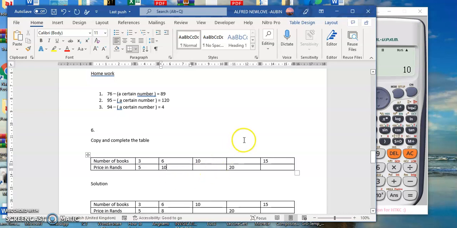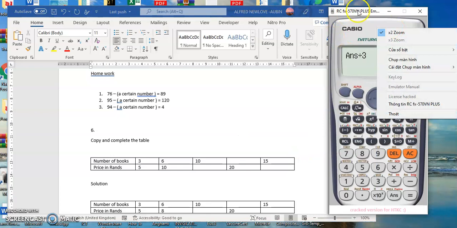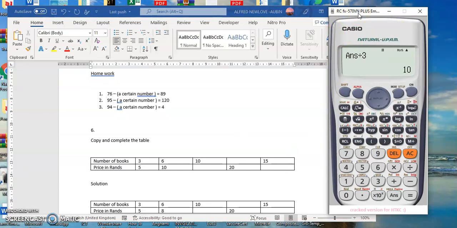Then for the next one, we want to calculate this one also. So here is 5 times 10. So 5 times 10 gives us 50 divided by 3.